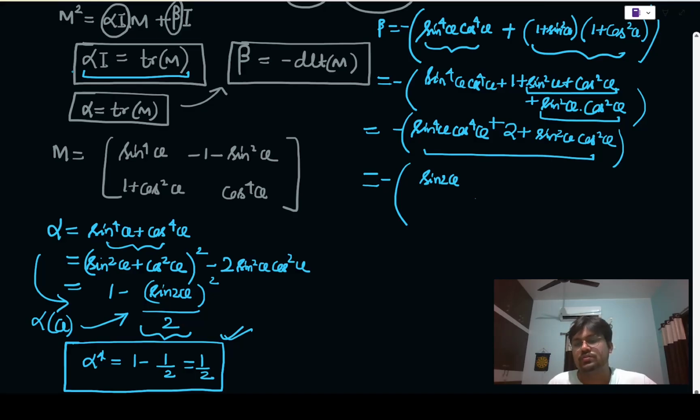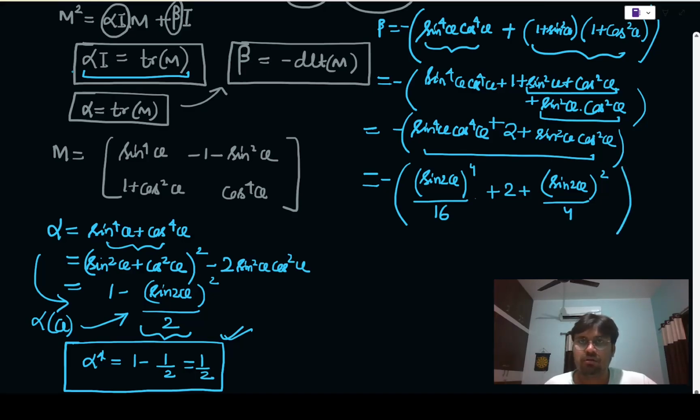If I write 2 sine theta cos theta and raise this to the power 4, it will be sine to the power 4 theta cos to the power 4 theta, but with a factor of 16, so just divide it by 16, plus keep this 2 as it is, plus again do the same thing with sine 2 theta. If we take the whole square, it will be 4 times, since 2 sine theta cos theta whole square is 4 times, so we divide by 4. And this is all that we need to do.